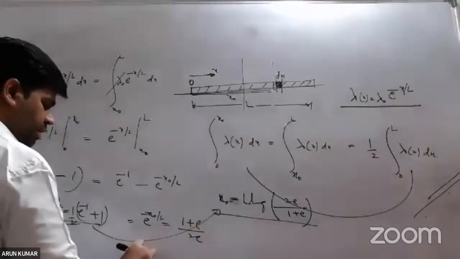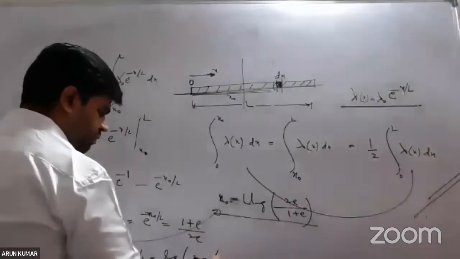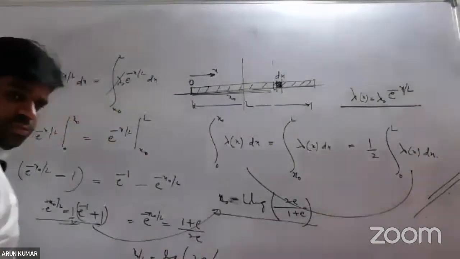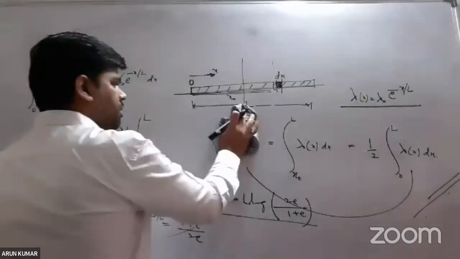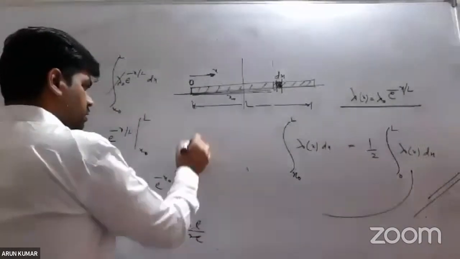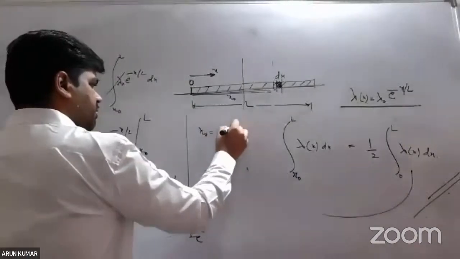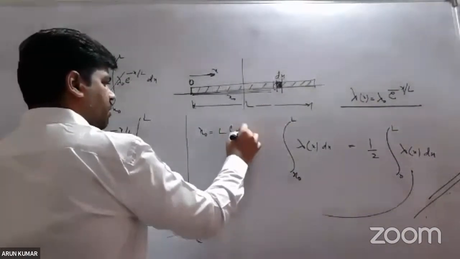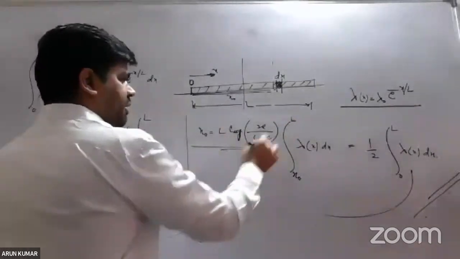So x naught by L is equal to log of 2e by 1 plus e. So x naught is equal to L times log of 2e by 1 plus e. We got the same answer again.